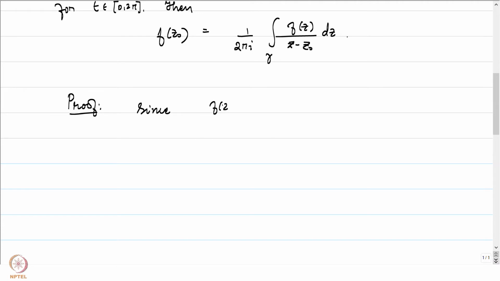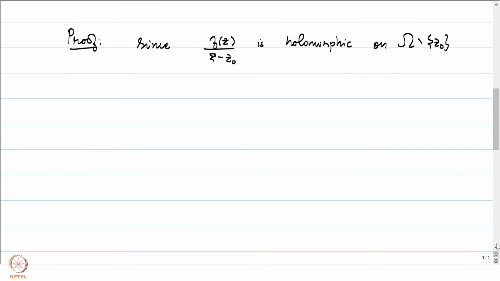Since f of z by z minus z0 is holomorphic on omega minus z0, you should think about why I say that it is holomorphic on omega minus z0.